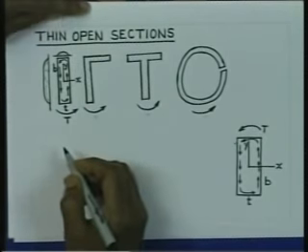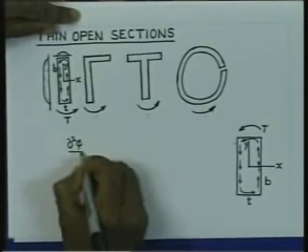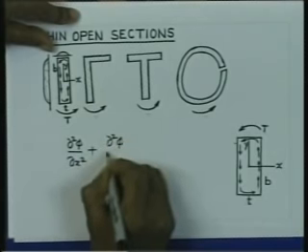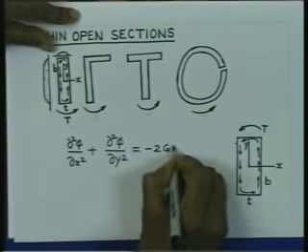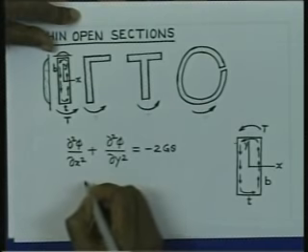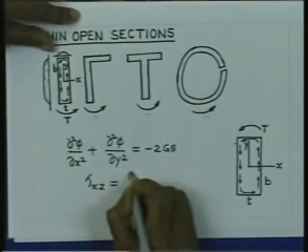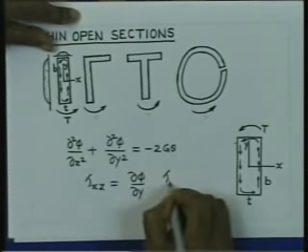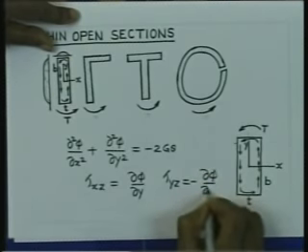If we look at the governing equation of the torsion, it was in this form: delta 2 phi delta x square plus delta 2 phi delta y square is equal to minus 2 g theta, wherein we had already considered that tau xz is nothing but delta phi delta y and tau yz is equal to minus delta phi delta x.